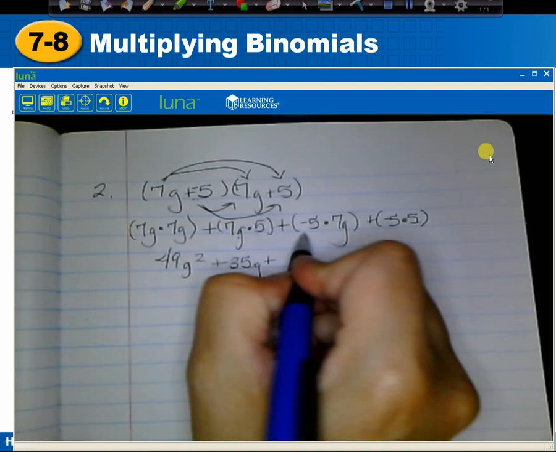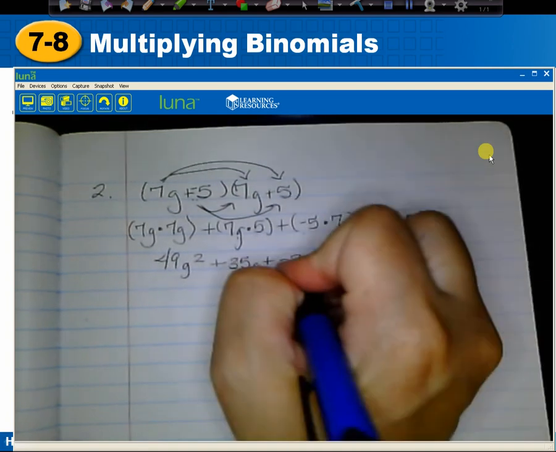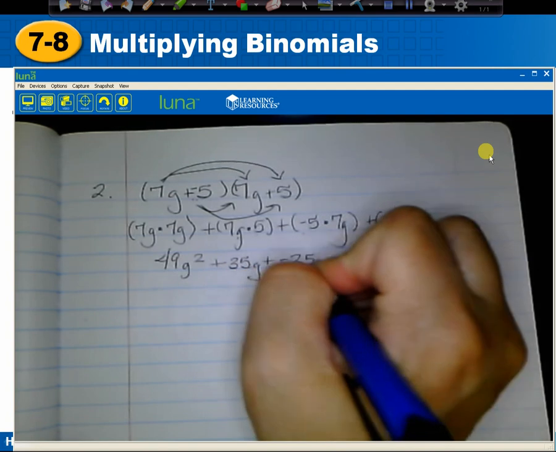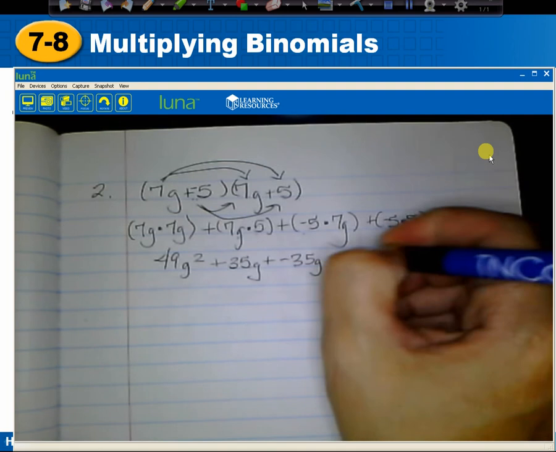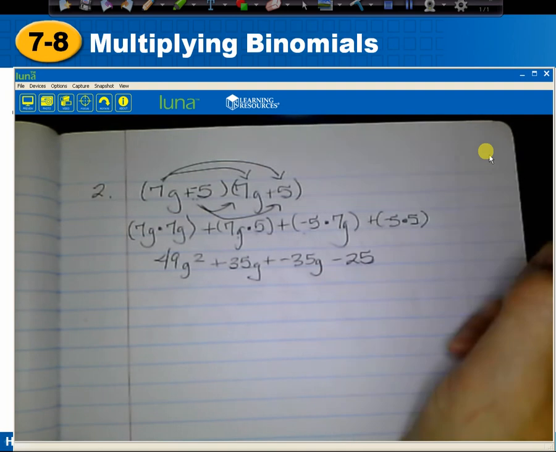Negative 5 times 7g is going to give me negative 35g. And negative 5 times 5 is going to give me negative 25.